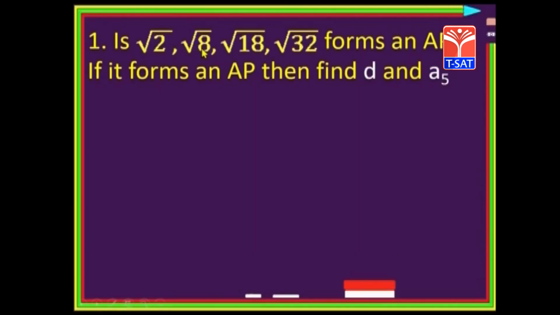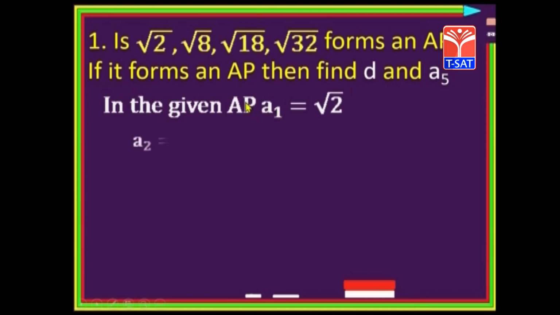So, here what is given? Root 2, root 8, root 18, root 32 are the terms. In that, the first term is root 2, which is denoted by a1. What is the next term? That is root 8. 8 can be written as 2 square into 2, since 2 into 2 into 2 is 8.